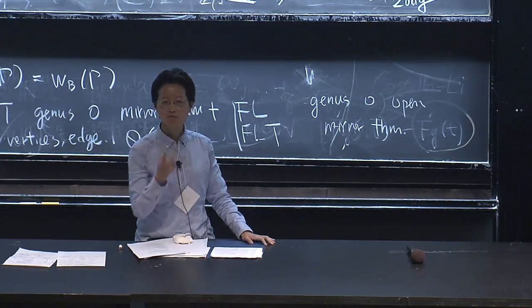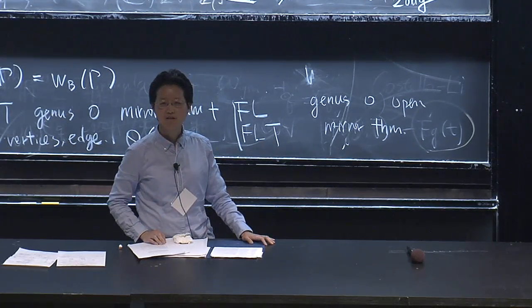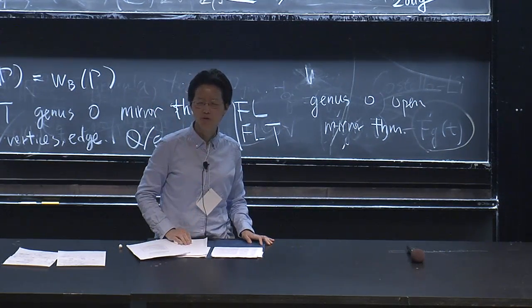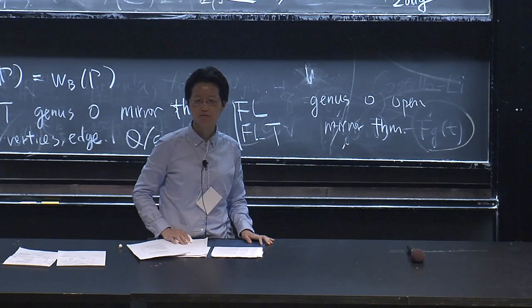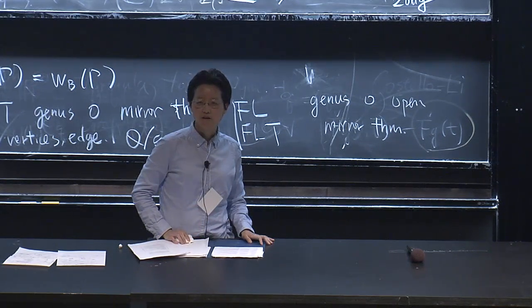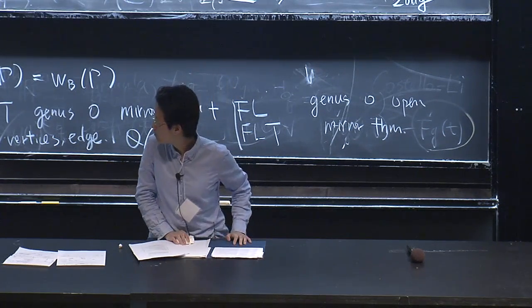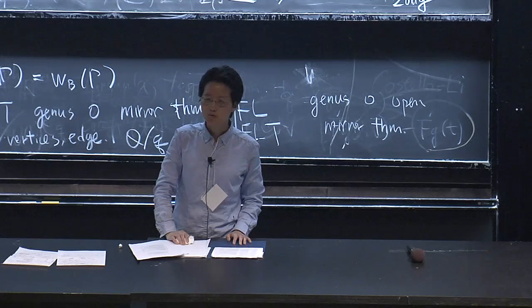You mean with two parameters? Then I don't know, because if you have general two parameters, it should correspond to refined invariants, right? But these are not refined invariants. That's my question: how close are people to defining the refined one and proving it? So this naturally should be extended to the refined case. Yeah, I myself don't know how to extend to the refined case.